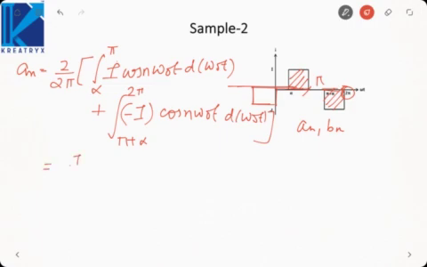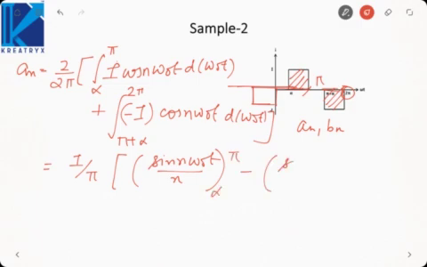So that will become I by pi. Integration of cos will be sin n omega naught t by n from alpha to pi, minus sin n omega naught t by n from pi plus alpha to 2 pi.